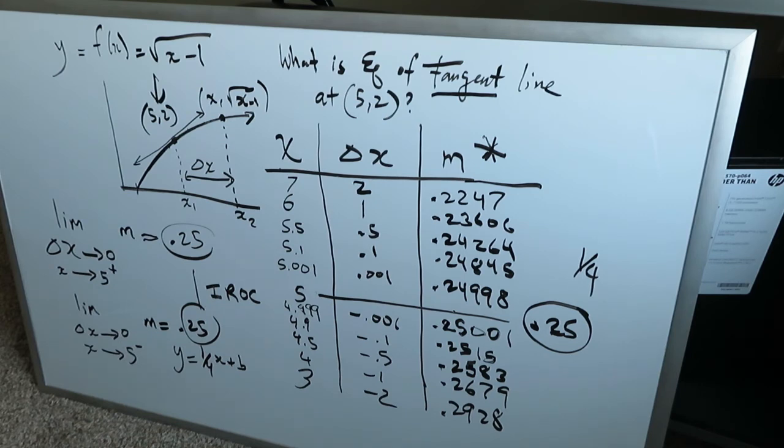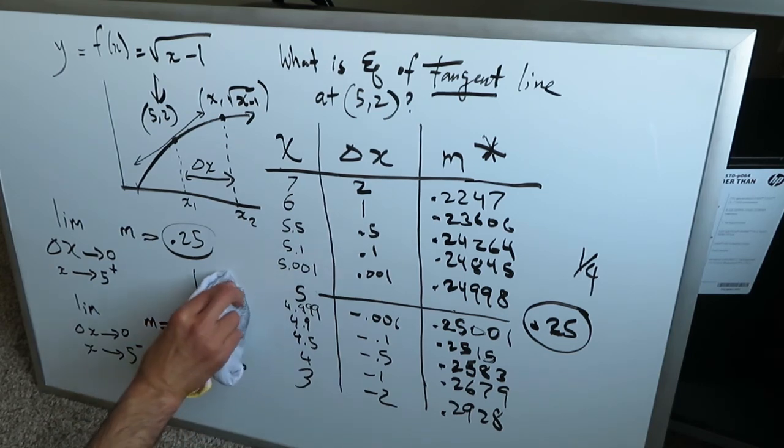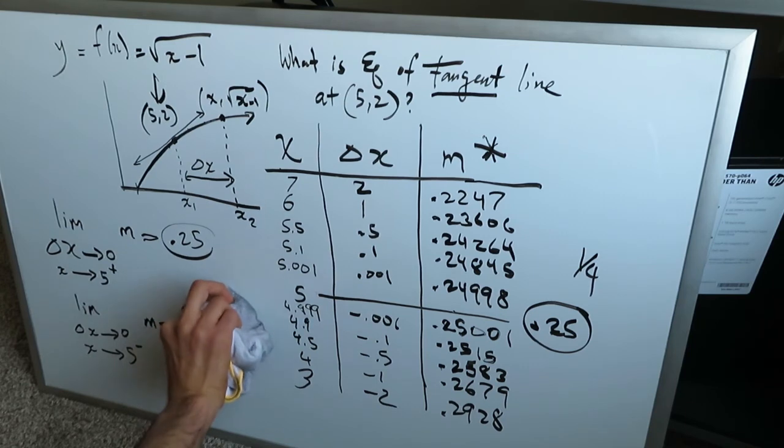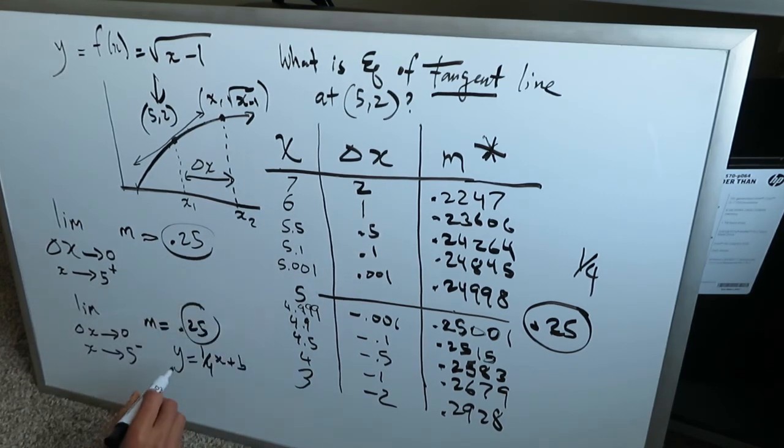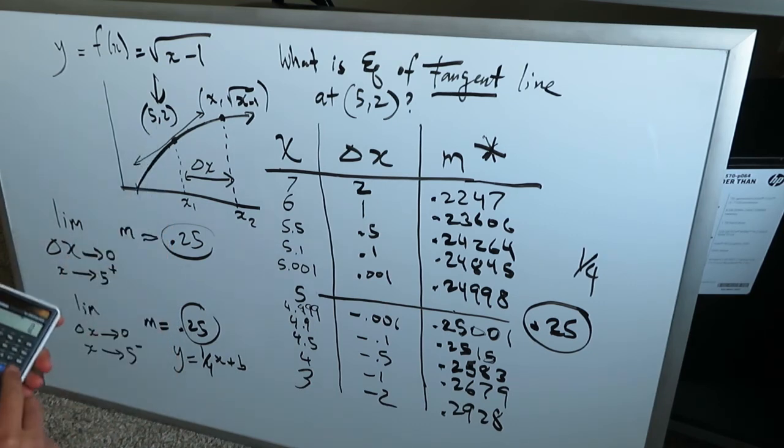Now, in the interest of space, I'm going to do some erasing so I can generate space to give you an answer for this equation. I have y equal to 1 over 4 x plus b. I know my y value is 2, and my 1 over 4 is going to multiply with the 5. So let's bring out a calculator. I have 1 divided by 4 multiplied by the x value of 5.